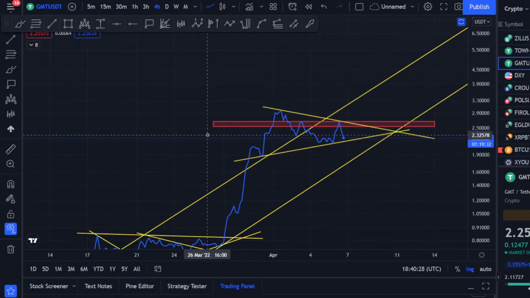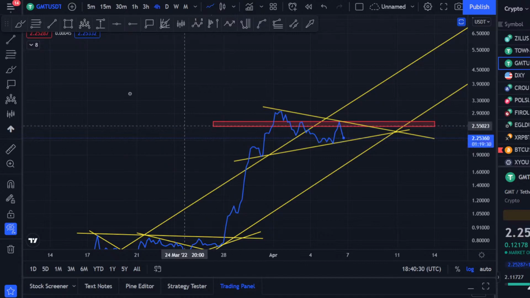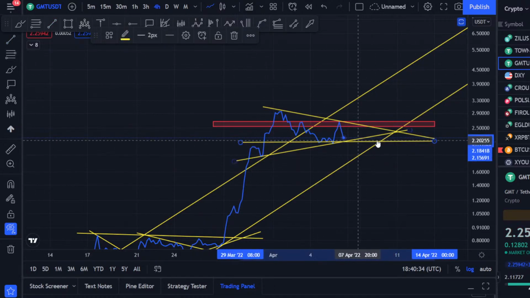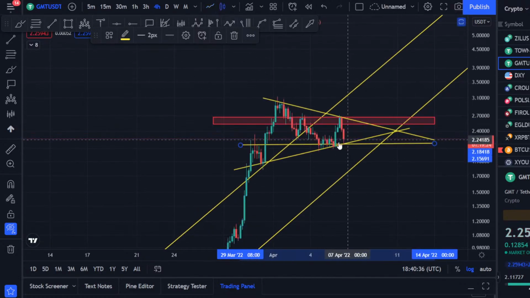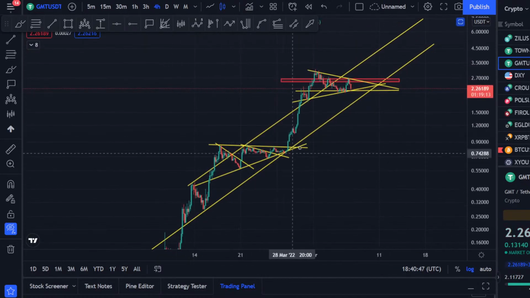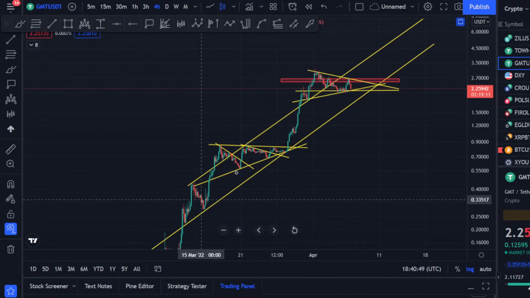Whether you call it a symmetrical triangle or a descending triangle, it's just support and resistance you should look forward to. Now if it does get broken towards the downside, it has this support level that's coming to the rescue.